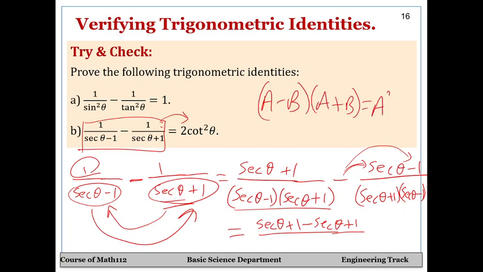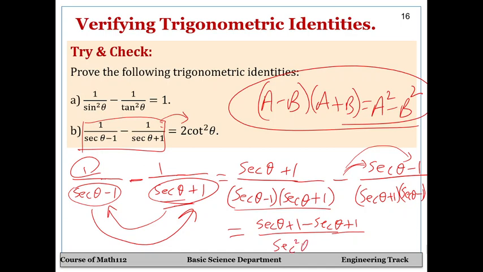So what is this equal to? A squared minus b squared. You remember this? So it will be secant squared theta minus 1. They will cancel out and you will get 2 over secant squared theta minus 1.